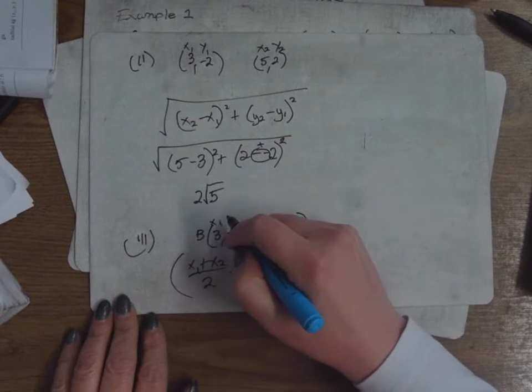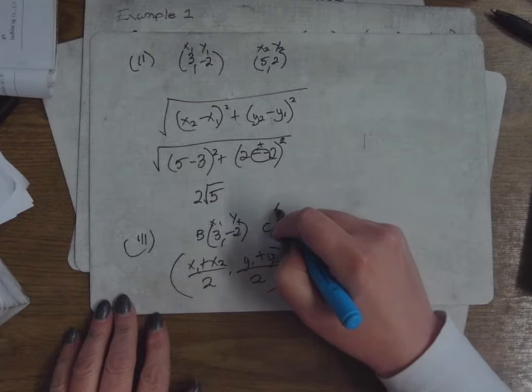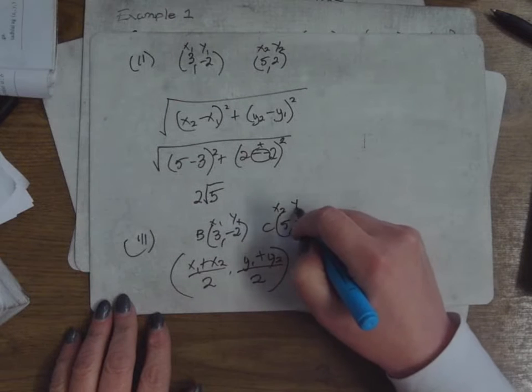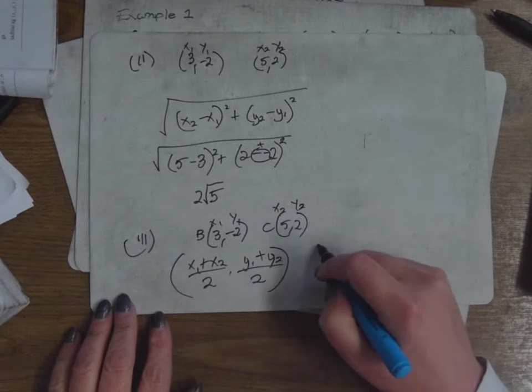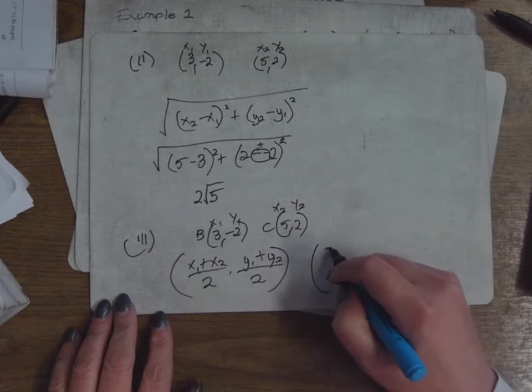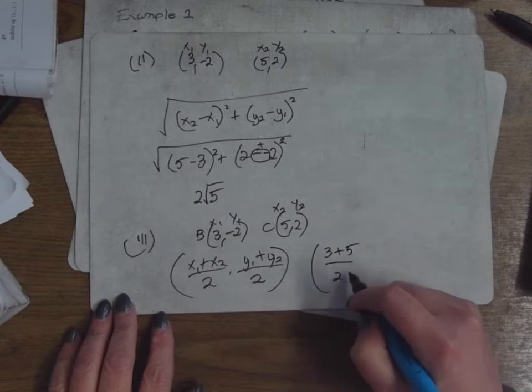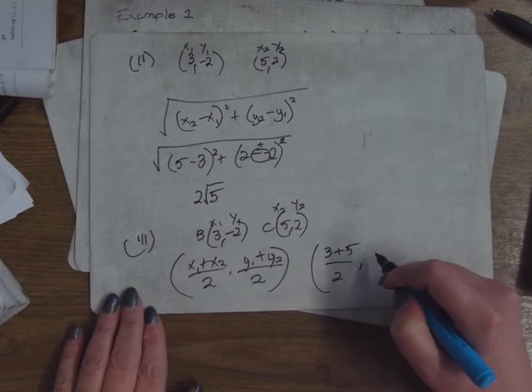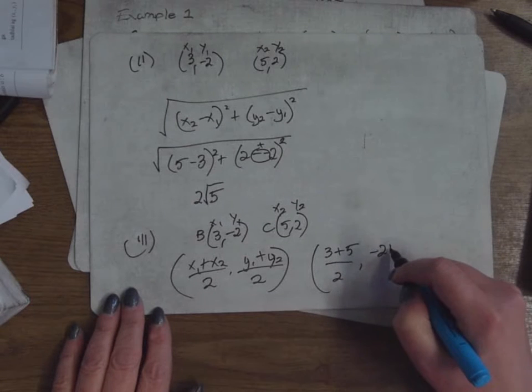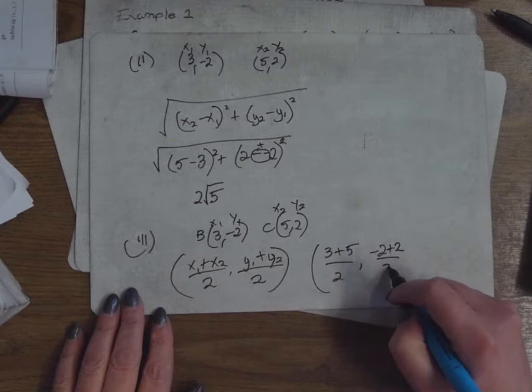So x1, y1, x2, y2. So that's x1 is 3 plus x2 is 5 all over 2, comma, y1 is minus 2 plus y2 is 2 over 2.